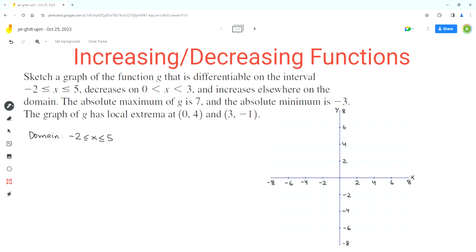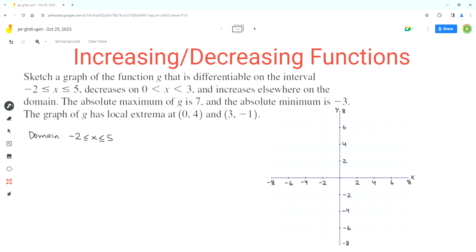So the graph that we sketch should be between x equals -2 and x equals 5, including the endpoints. We shouldn't graph beyond this domain.